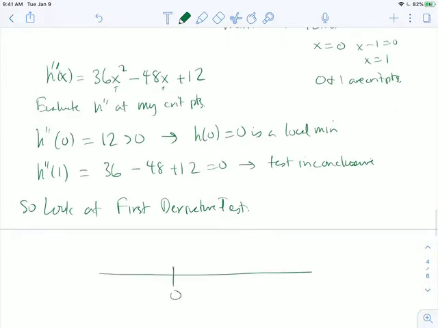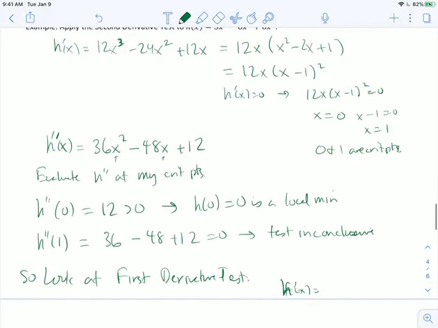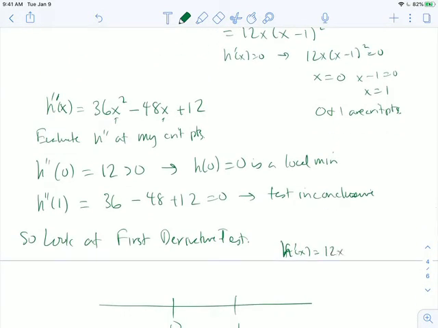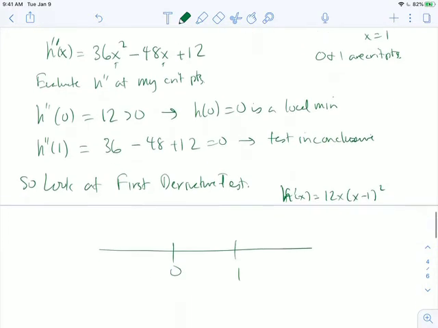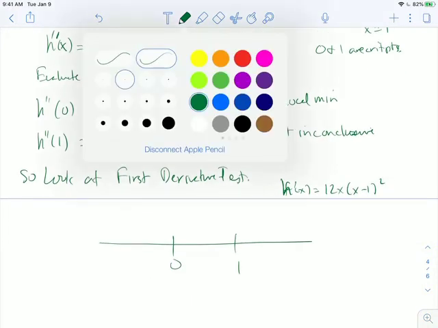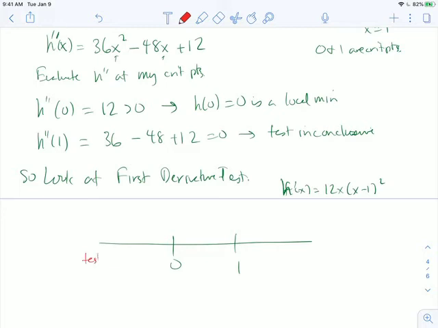So my critical numbers are 0 and 1. My derivative, we said, for h was 12x times x minus 1 squared. So I need a test point. I'm going to choose 1/2 here and 2 here. I already know the story from the second derivative test at 0. So I'm just going to look at 1/2 and 2.